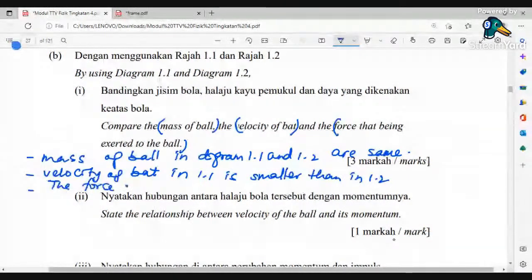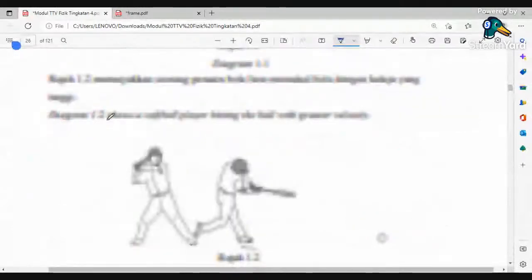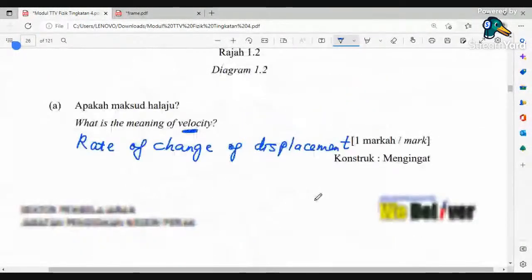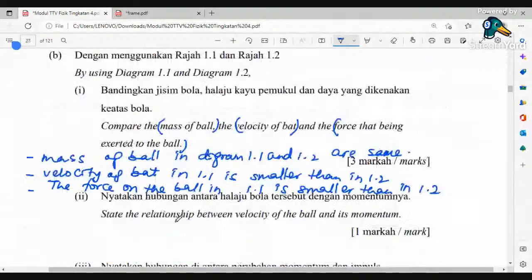The force on the ball in 1.1 is less than in 1.2. Sebab diagram tadi sudah mention. Okay, diagram 1.2 shows softball hitting greater velocity. Okay, dia dah bagi dah situ, you just compare saja.